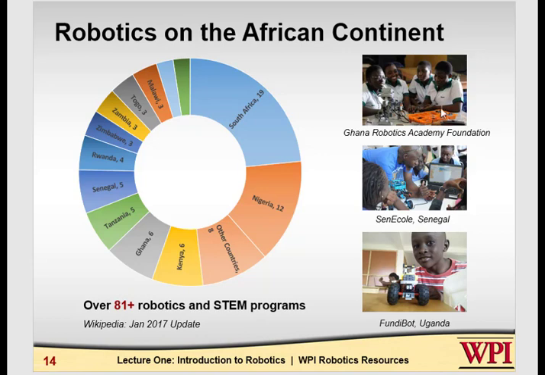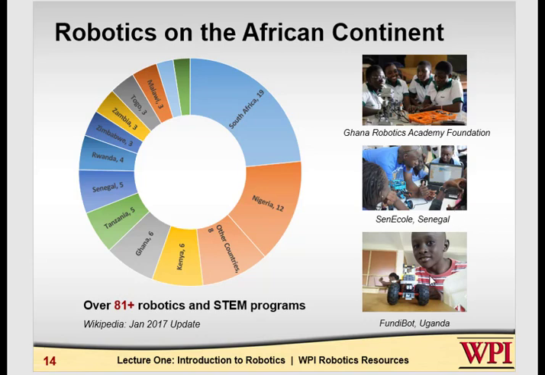First is the Ghana Robotics Academy Foundation, which trains secondary school students on building and programming robots using the Lego Mindstorms platform. And then here we have Senecol in Senegal. This program organizes computer programming tutorials for primary and secondary school students, as well as organizes robotics competitions.